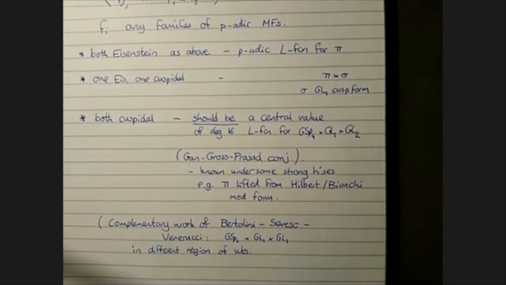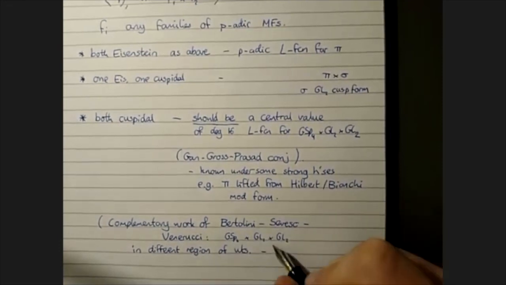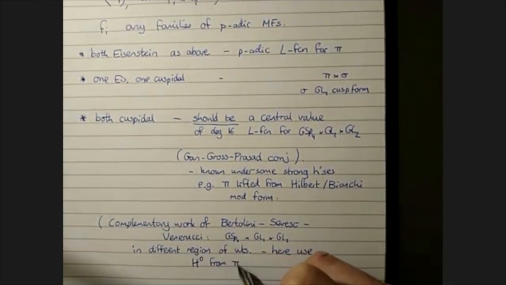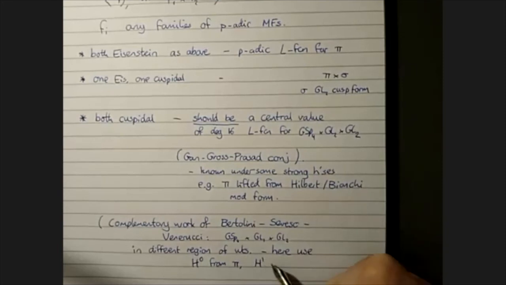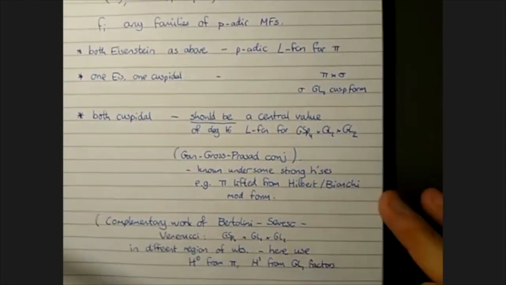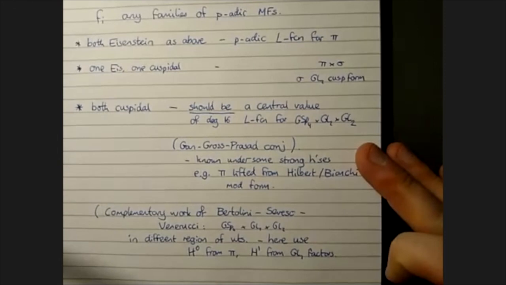Whereas the work of BSV is about the case where the GL2 guys have much larger weight, and the GSp4 thing is dominant. And there they use the H0 from pi and H1 from the GL2 factors. And there should be all sorts of other possibilities.